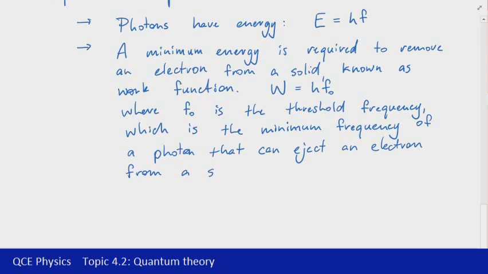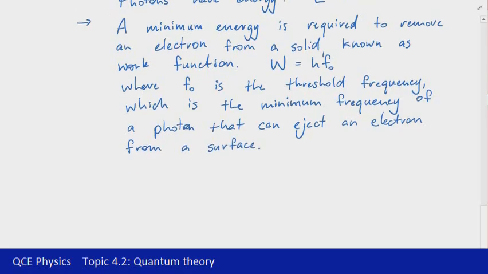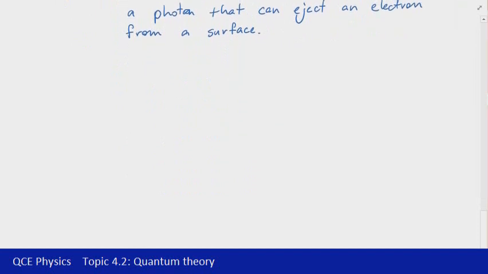The next important observation relates those two types of energies together. I'm just going to use a bit of shorthand notation here. If the energy of the photon is less than the work function of the solid, then no electrons are emitted. That matches up with the observation.